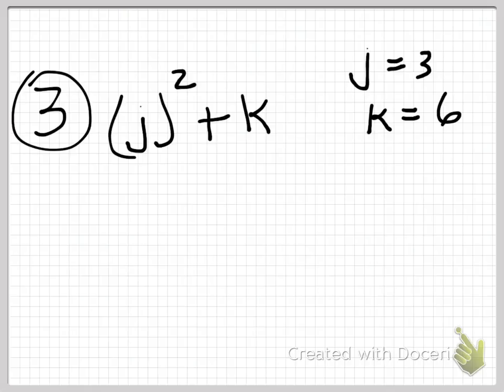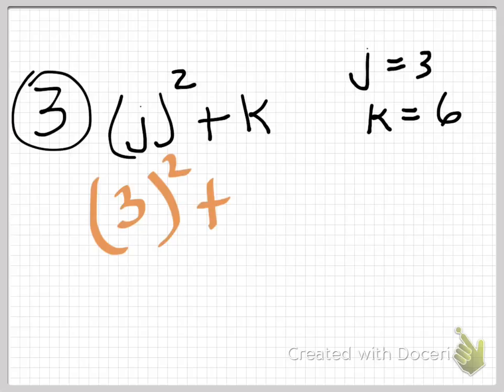Next, oh, this one looks funny. Again, what was J? Well, what is this one asking you? This is actually saying J is in parentheses, and then it's raised to the power of 2. That's called an exponent. So we're going to substitute 3 instead of J now, to the power of 2, plus K. What was K?